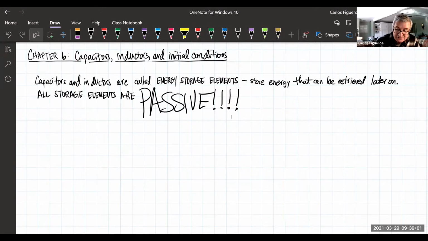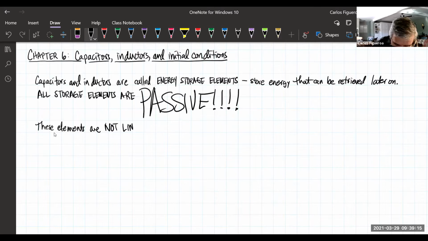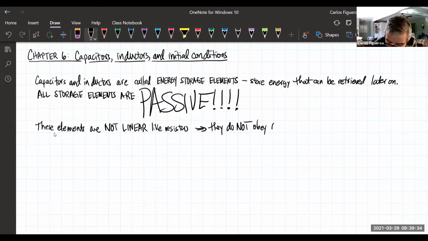And the other thing that we should say here, which I already said, is that these elements are not linear, like resistors. So this implies that they do not obey Ohm's law.